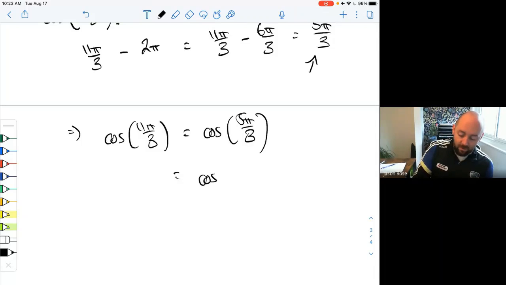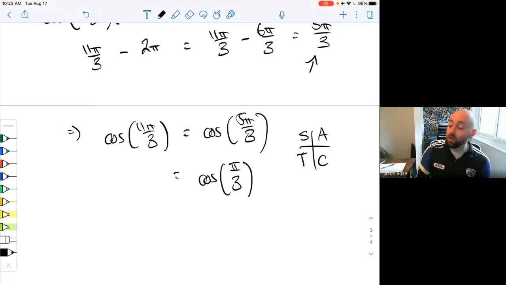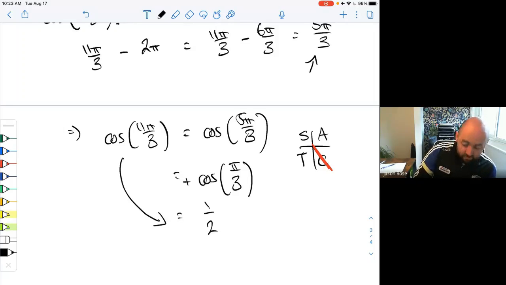I'm going to drop that 5 on top. In here, I'm thinking to myself, whereabouts is 5 pi over 3? That's in the 4th quadrant. Cosine is positive in that quadrant, so I don't need to add a negative sign to correct it. So cosine of 5 pi over 3 is equal to the positive cosine of pi over 3, which is equal to a half. So cosine of 11 pi over 3 is equal to a half.